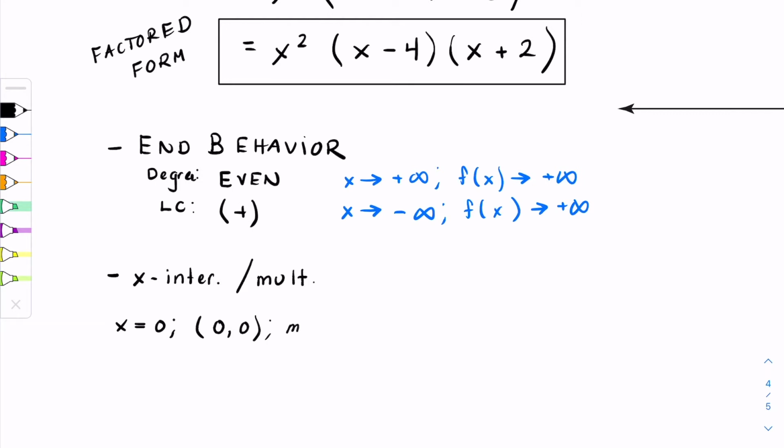This has a multiplicity of 2 because the exponent is 2, or that factor happens twice. And that tells us that on the graph it's going to turn at that point. Our next zero is x minus 4 equals 0, therefore x equals 4. The intercept would be at 4, 0. Multiplicity is 1, and this would cross at that point.